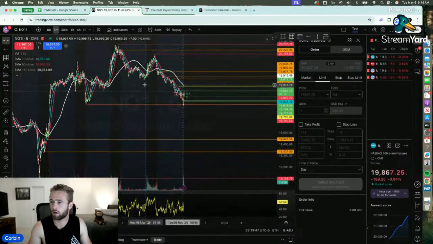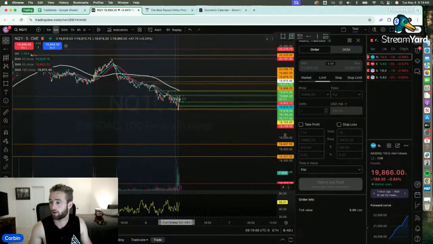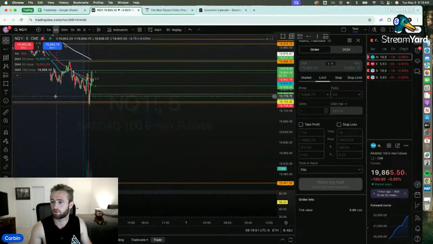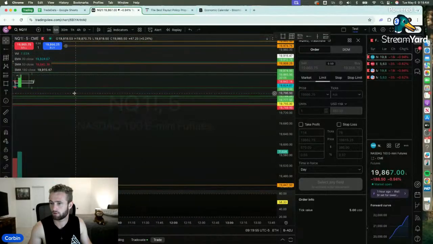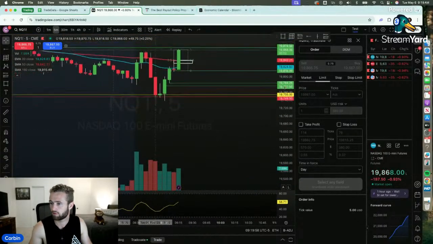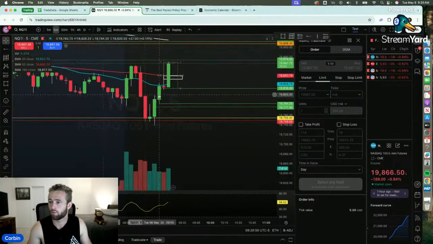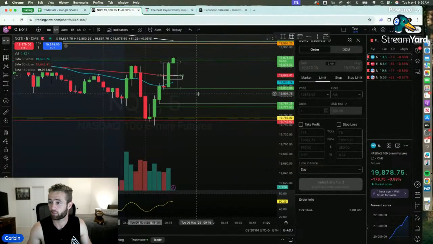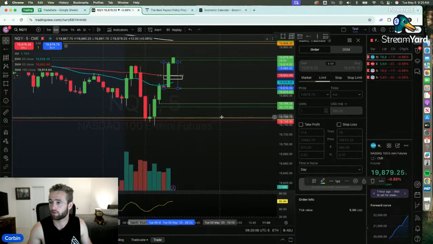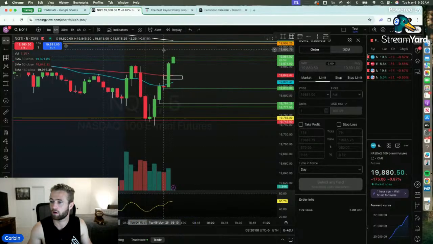Let's see. You can see a move down, followed by a move up on the 5-day, 5-minute right there. Damn, we're forming a heavy. Well, that equilibrium's gone.